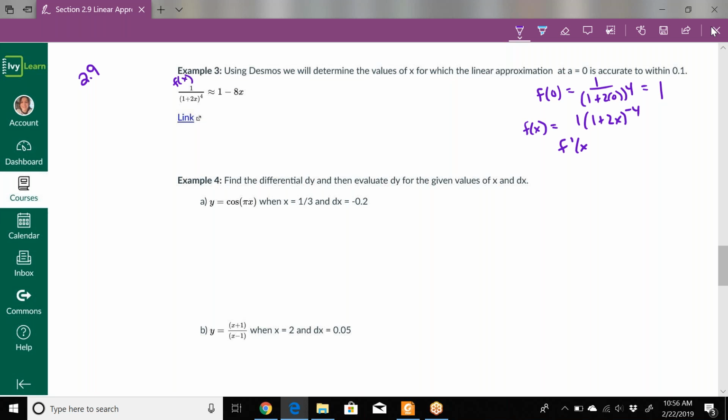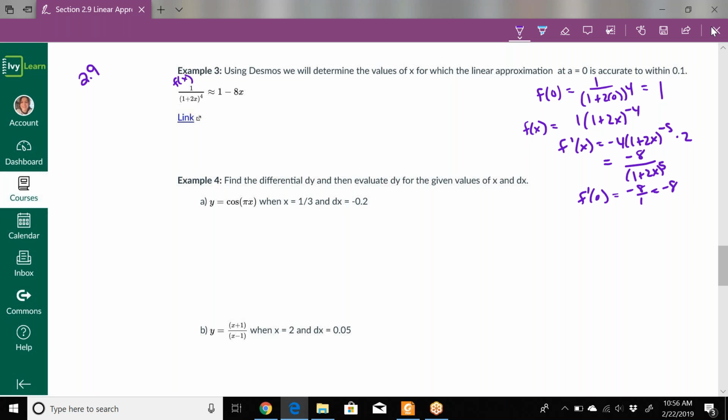So f prime of x would be negative 4 times (1 plus 2x) to the negative 5 times the chain inside, which is 2, which makes it negative 8 over (1 plus 2x) to the 5th. And if you plug in 0 here, because remember that is our a, you get negative 8 over 1, which is negative 8.